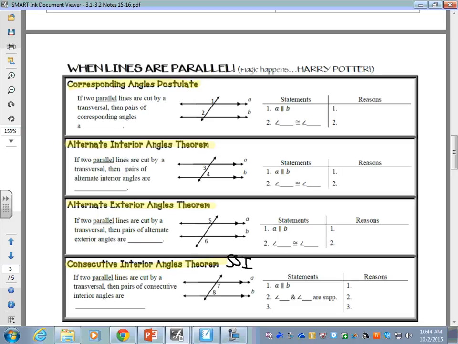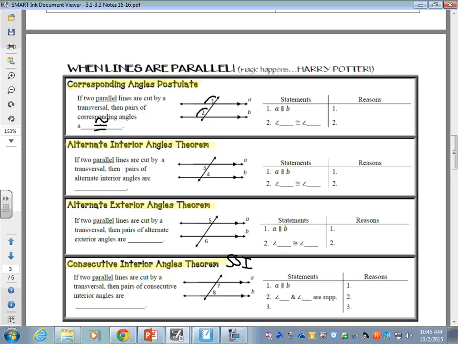Now, this is the special relationship that you have to memorize with parallel lines, and there's just 2 things that you have to memorize. Only 2 things can occur. If the lines are parallel and they get cut by a transversal, the corresponding angles are always congruent. So angle 1 would be congruent to angle 2.